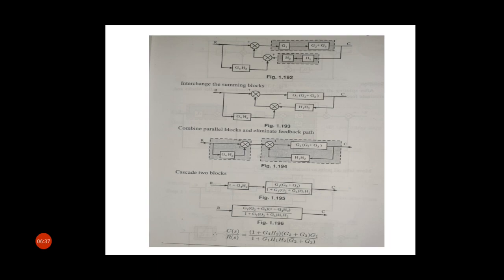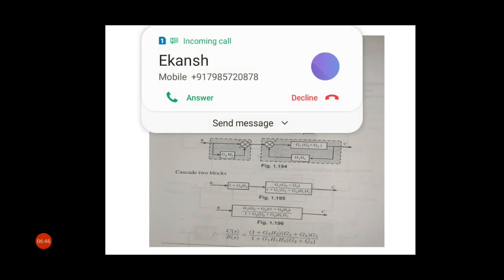After moving the summing point after block H2 and combining parallel blocks G2 and G3, we get this.